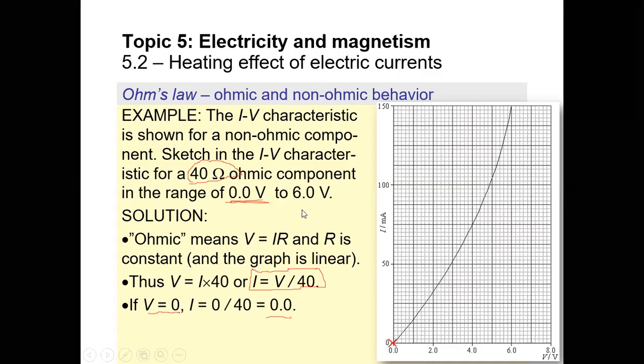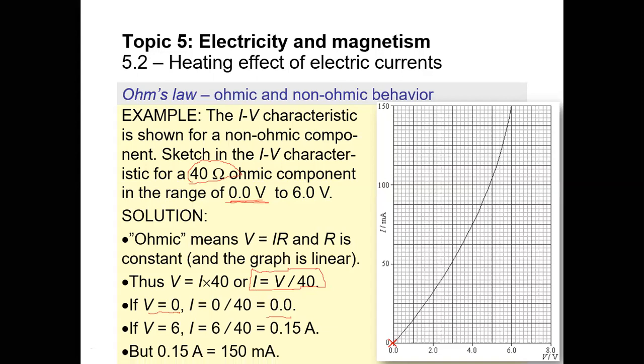Now in the second case, when V is 6, you will write 6 divided by 40. So 6 divided by 40 is 0.15. So 0.15 ampere is the next current. 0.15 is 150 milliampere, so you can write 150. Where is 150?